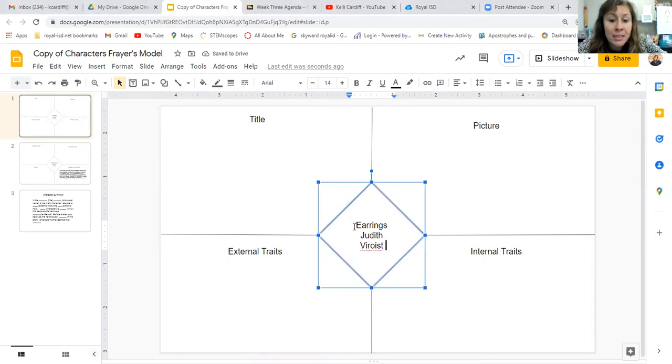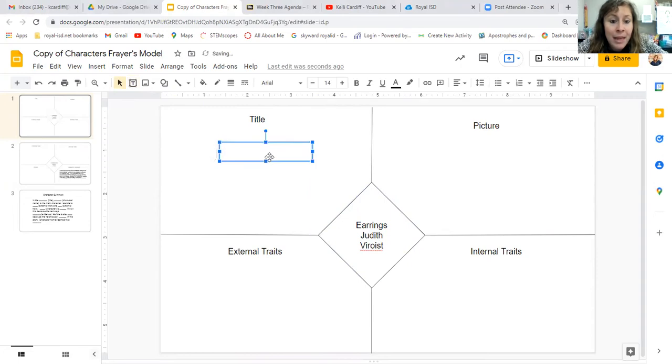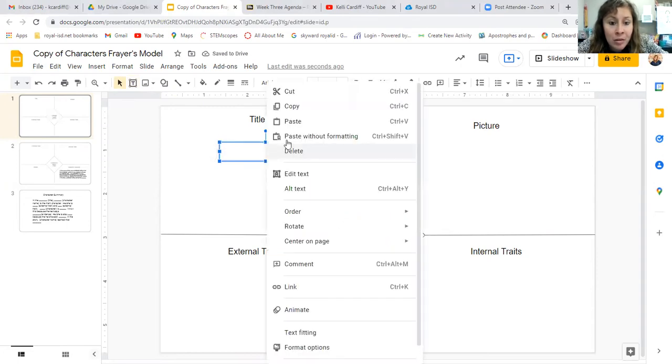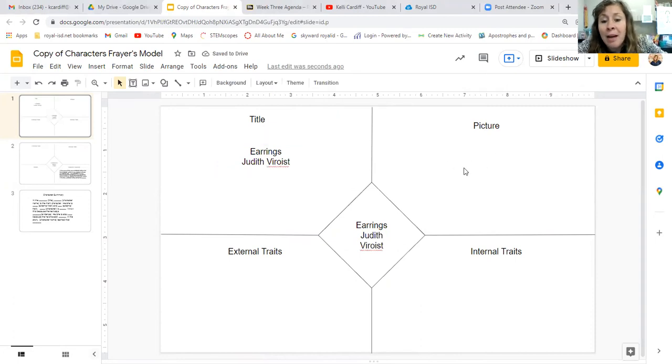And then I would also have the student redo this and put it right here in the title spot, just in case they wanted to make it a, paste, there you go.